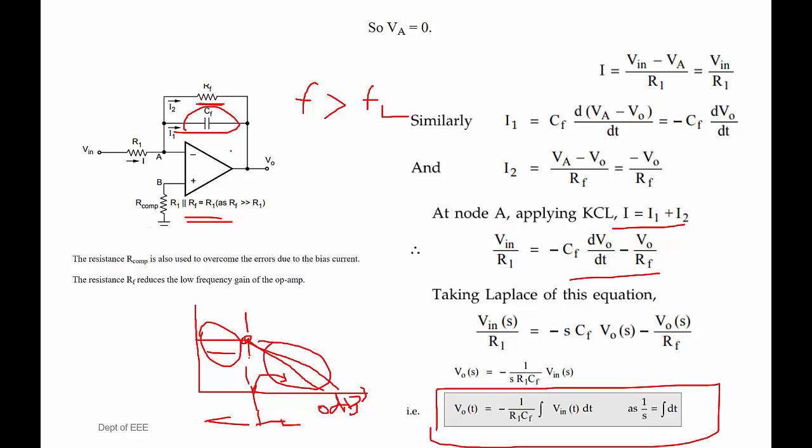For low frequencies, the capacitance acts as an open circuit, so the gain will be minus RF by R1, which is nothing but an inverting amplifier. Once it reaches the lower cutoff frequency, the perfect integration is done, that is for F greater than FL. This is how the practical integrator works. Hope you understood. Thank you.